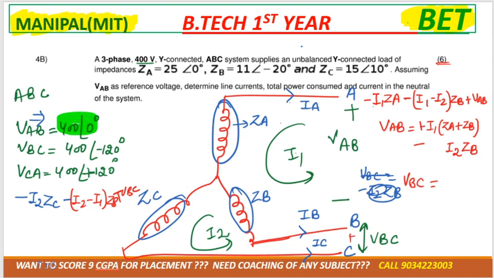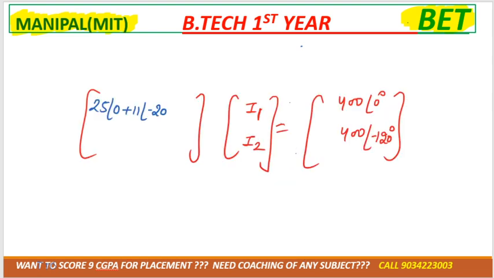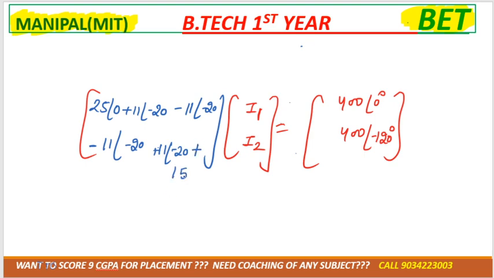And this would be minus ZB, so minus 11 angle minus 20 degree. Then minus 11 angle minus 20, and then plus 15 angle 10.